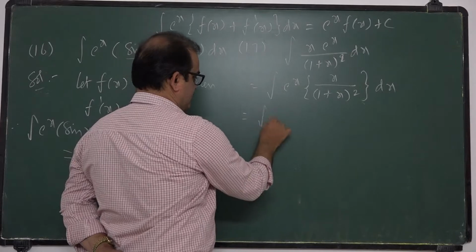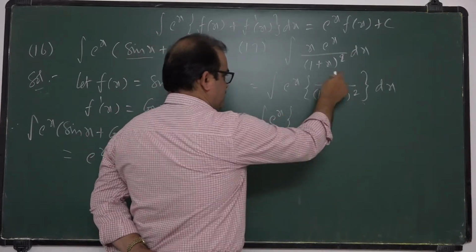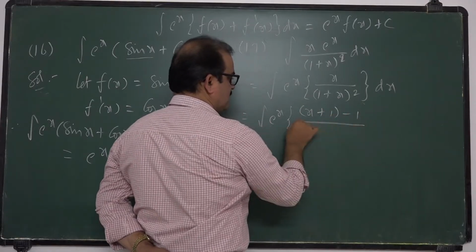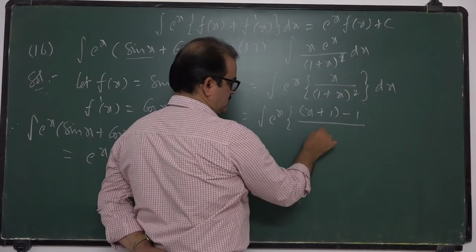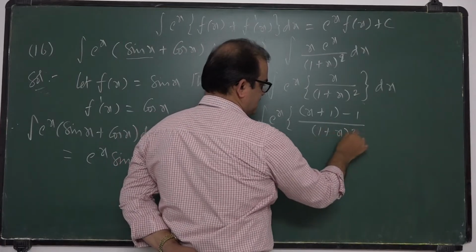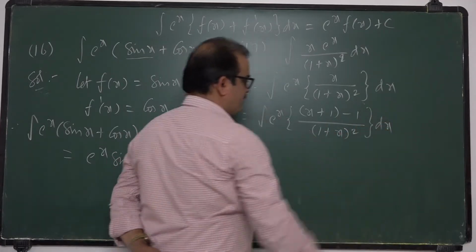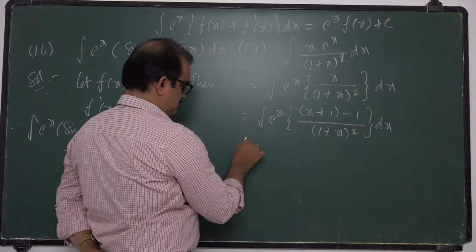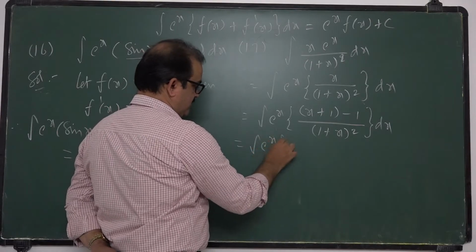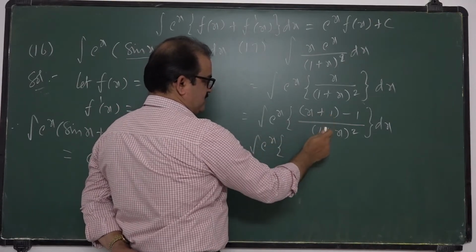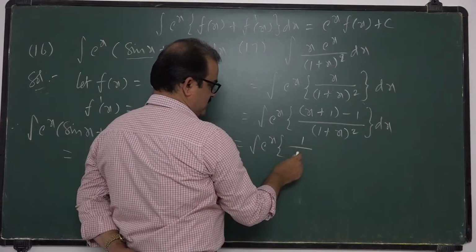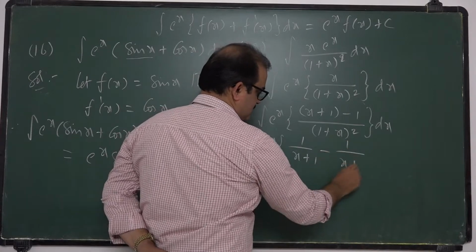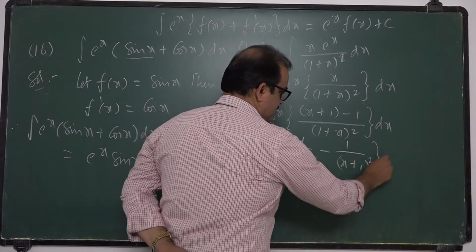Here x is taken as x plus 1 minus 1, adding 1 and subtracting 1, by 1 plus x whole square. Now divide it separately: e power x into x plus 1 by x plus 1 whole square, that is 1 by x plus 1, minus 1 by x plus 1 whole square, into dx.